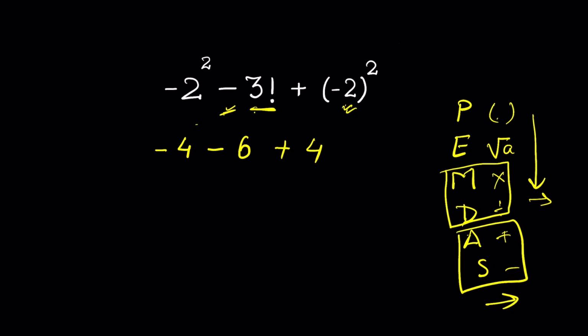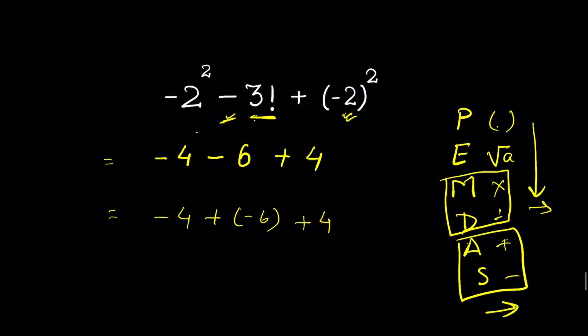However, to better understand, you can write −4, then write plus, and write −6 inside the bracket, then plus 4. Then you have all the additions with you. So you add −4 plus −6. What does this mean?